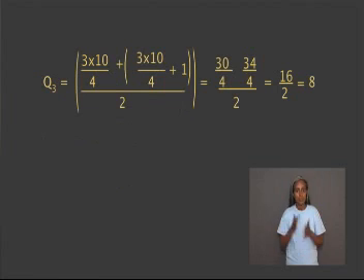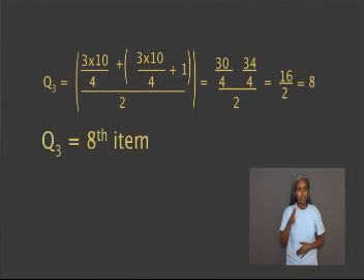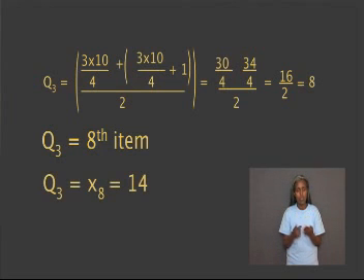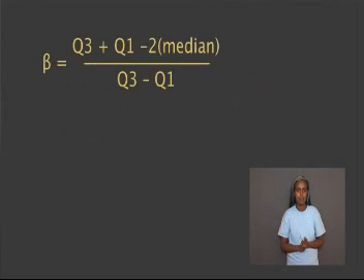To determine the third quartile, we change our value of k to 3. We determine that the third quartile will be the 8th item in the list. So, the third quartile is 14. We substitute these values into our equation for Bowley's coefficient of skewness.